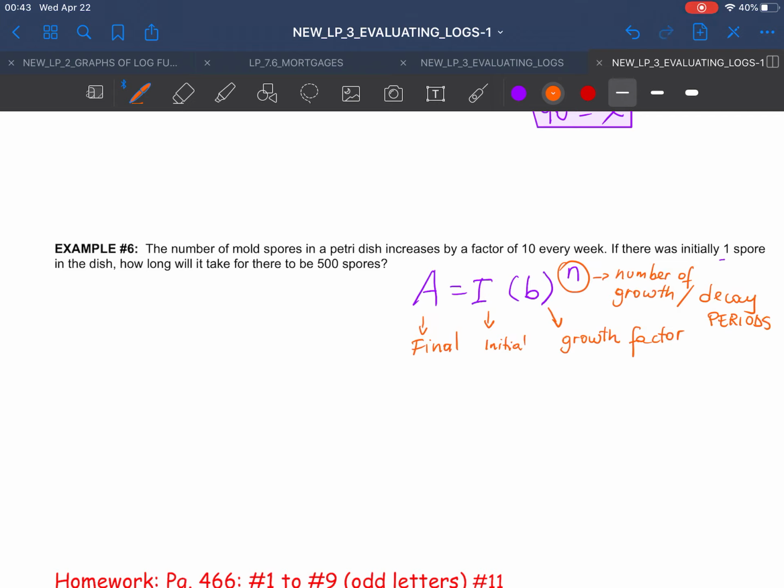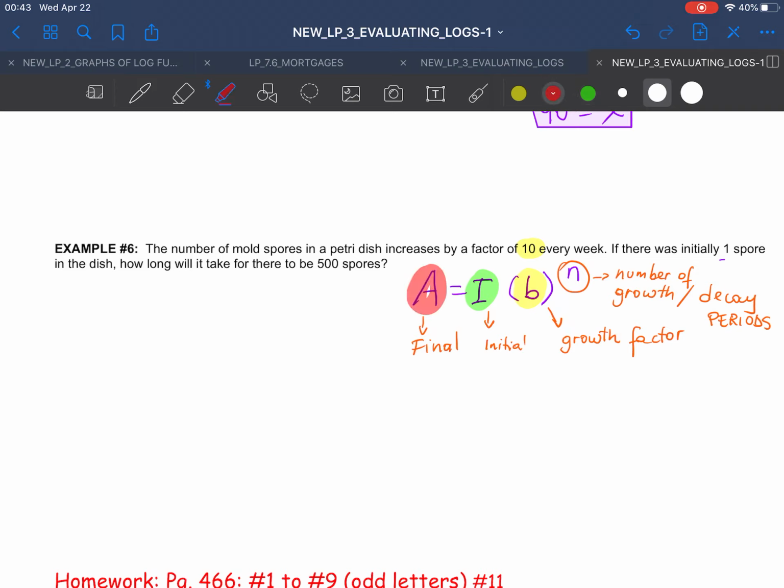So let's take a look at what we're given here now. If it increases by a factor of 10, that would be our B value. Initially there was only one spore, so that's our initial amount. Now, we want it to arrive at 500 spores.